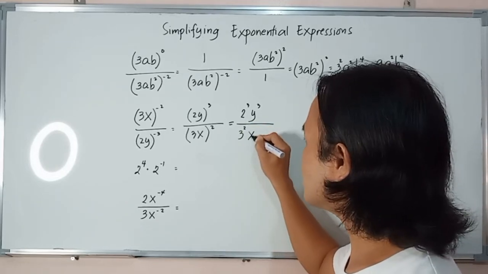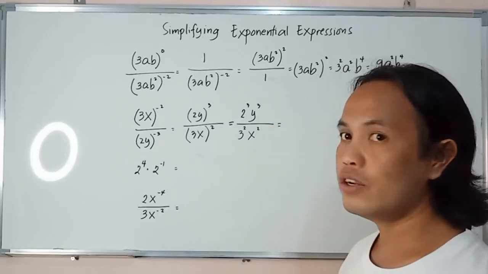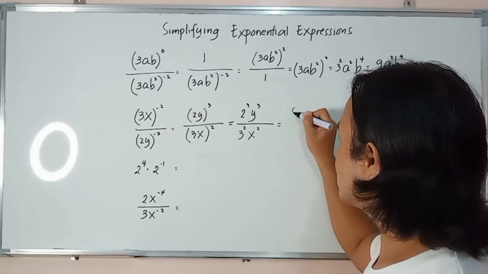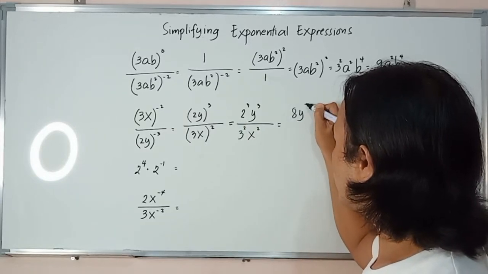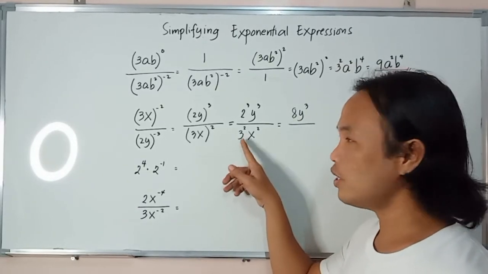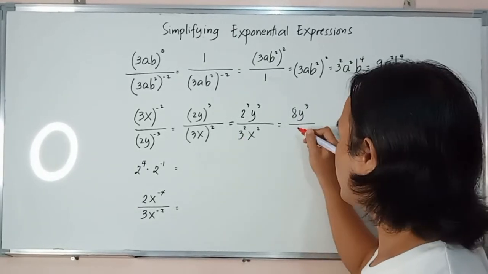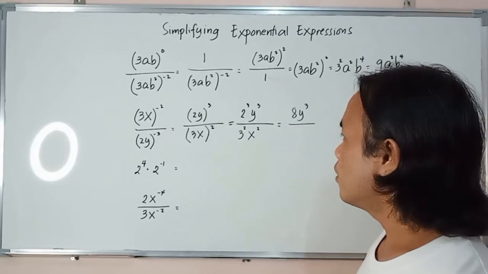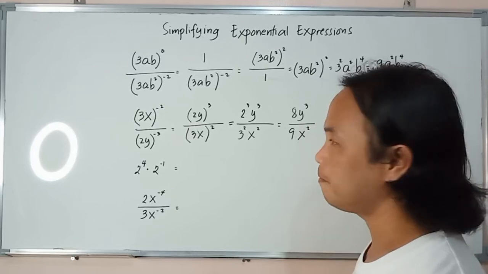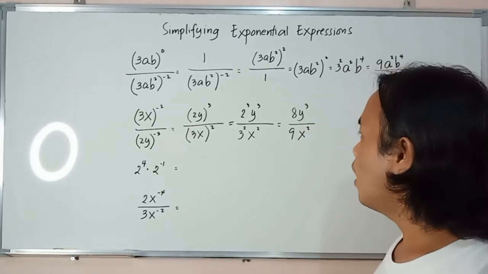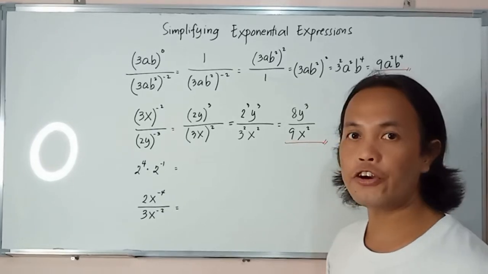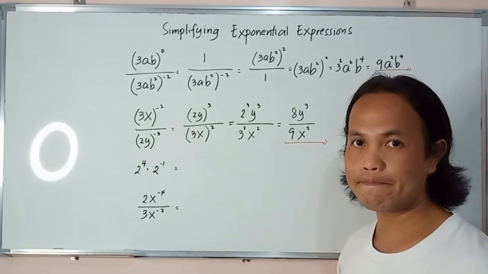Then we have x squared. Then we simplify the constant. We have 2 cubed, that is 8, so 8y cubed over, for the denominator we have 3 squared. 3 squared is 9. So we have 9x squared. So our final answer is 8y cubed over 9x squared.